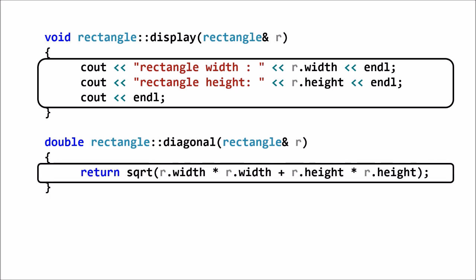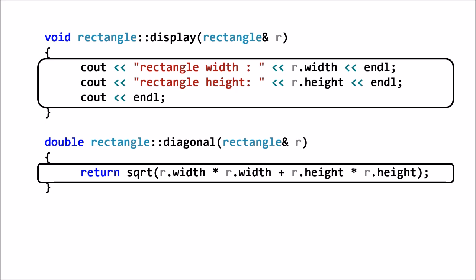And the second function is very similar, except it returns a value. It does a calculation and returns a value. So we are returning the square root of r.width times r.width plus r.height times r.height. So you can see this is the square root of the width squared plus the height squared.